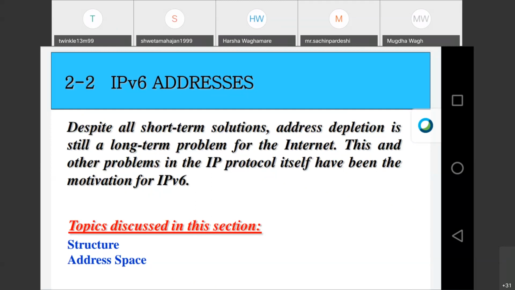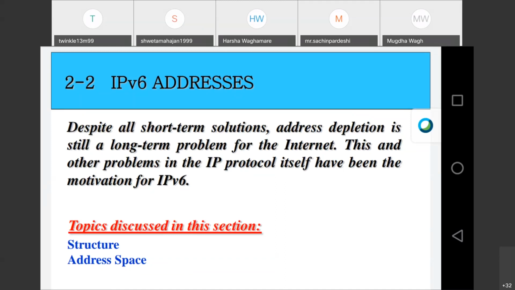We have seen the different short-term solutions for classful addressing: subnetting, supernetting, as well as network address translation. For network address translation, you have to watch on YouTube what the concept is. Network address translation is used in our college because we have taken one leased line from BSNL, so we have only one IP address.